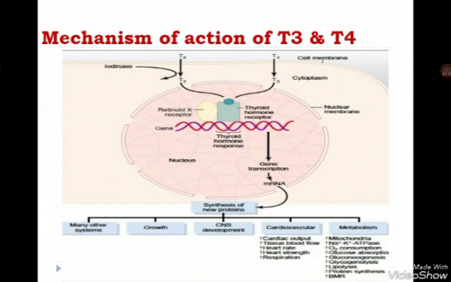Now let's spend a little time on discussing the signaling pathway of thyroxine. Now thyroxine, after entering the target cell by simple diffusion, because it's a small molecule that is lipid soluble, will be deiodinated and converted to T3, which is called triiodothyronine.